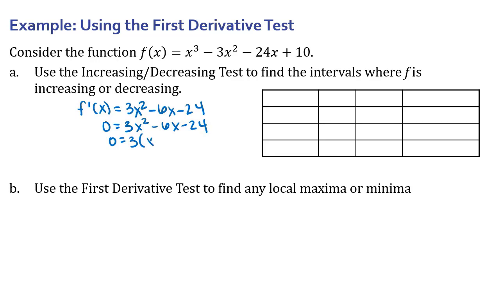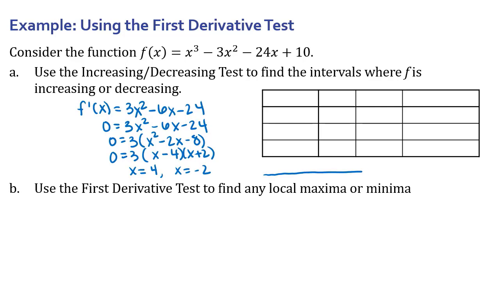Factor that 3 out, and I get x squared minus 2x minus 8. I can factor that further as 3 times the quantity x minus 4 times x plus 2. So the derivative equals 0 at x equals 4, and at x equals negative 2.